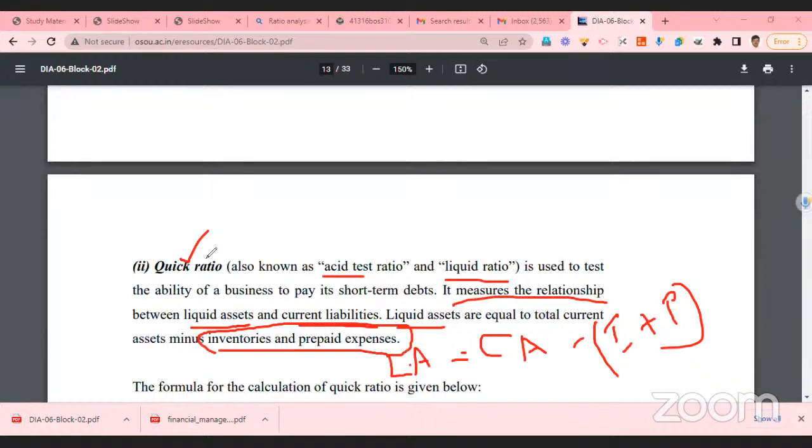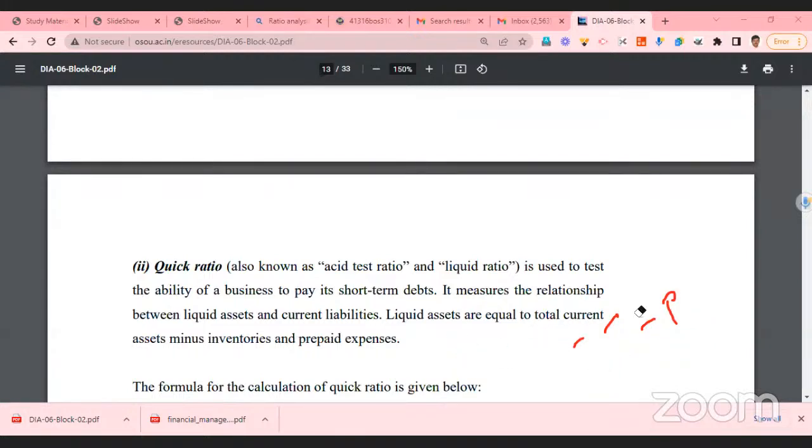So what are the liquid assets? Current assets minus inventories and prepaid expenses. When you calculate the quick ratio, these two are deducted and there is no change in the current liabilities.